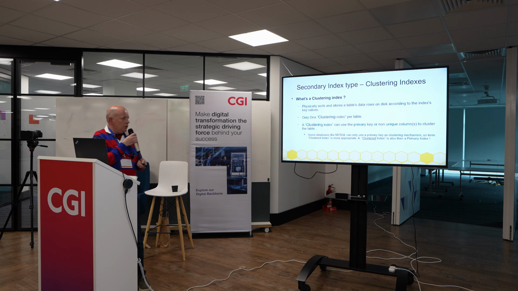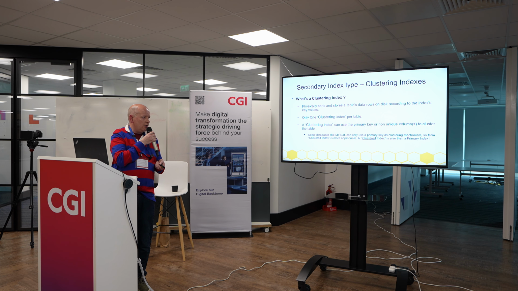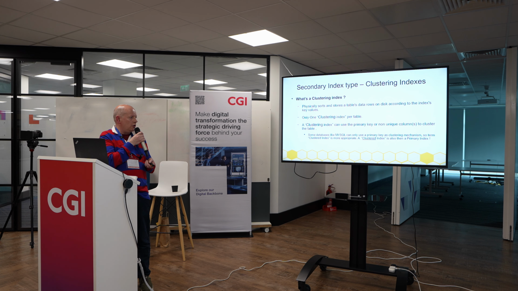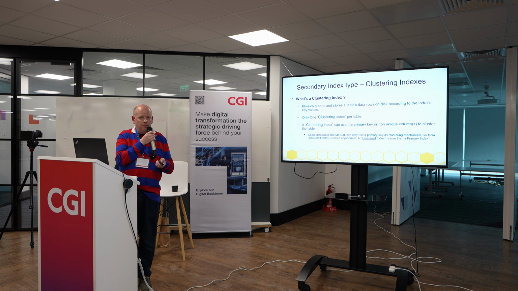A clustering index can use primary keys or non-unique columns of a table. Some databases like MySQL only use a primary key as a clustering mechanism, so the term clustered index is more appropriate. A clustered index is also then a primary index.